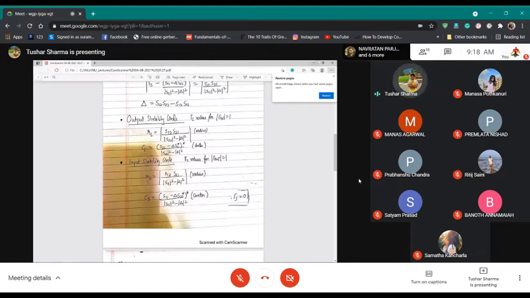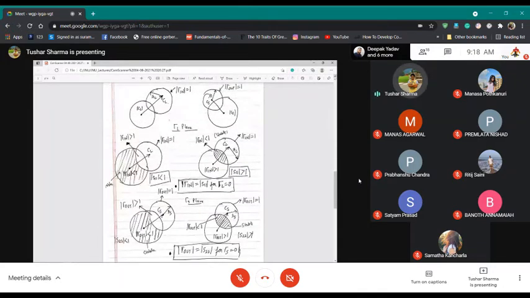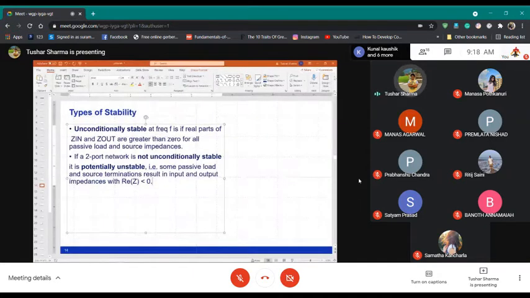Given the S parameters of the device, you will plot your stability circles. If you have to plot a circle, you need two things: the radius of the circle and the center of the circle. So you calculate the radius and the center, and then you plot those. Once you plot, you have to figure out which area is stable and which area is not stable. So our story starts from that.